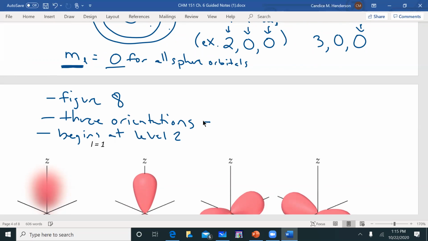For this 3 orientation thing, it's not your N value. You take your L value. So L equals 1 here. The possible orientations are going to be my L value as a positive, so 1, a 0, and then my L value as a negative 1.